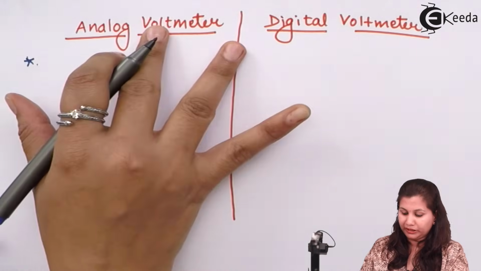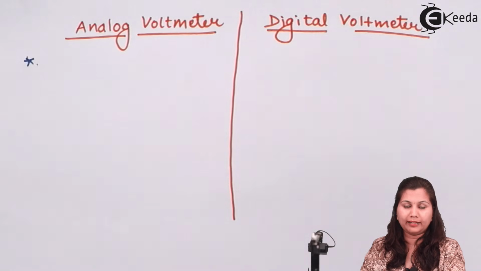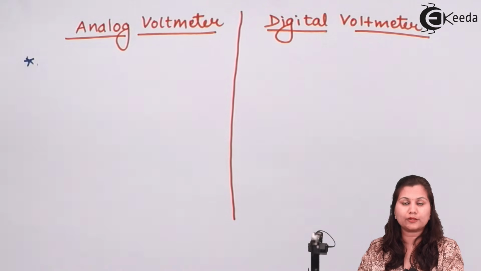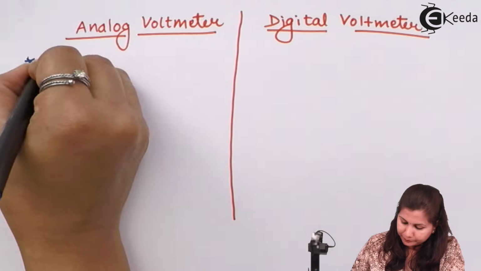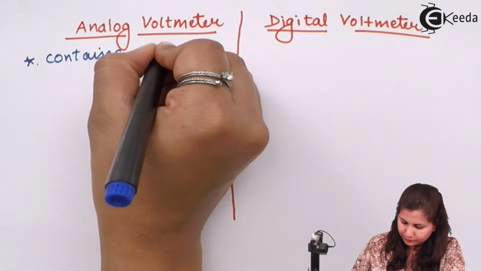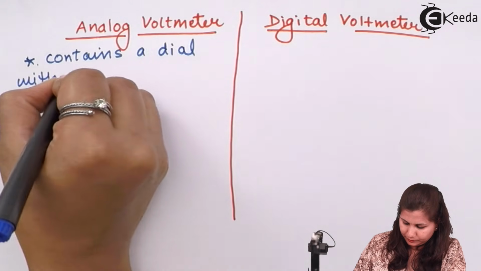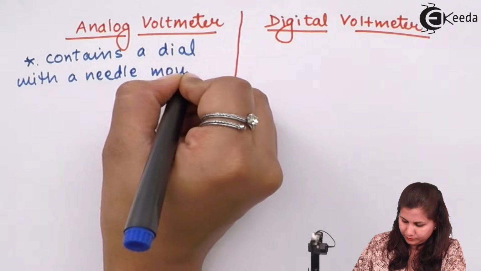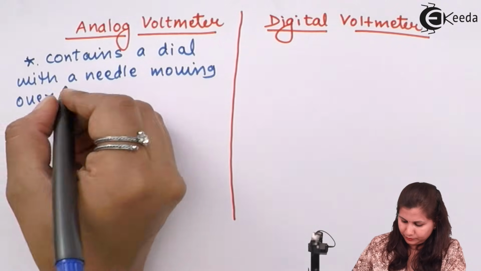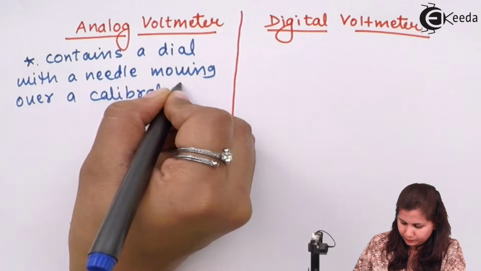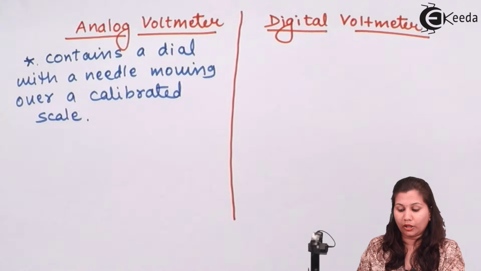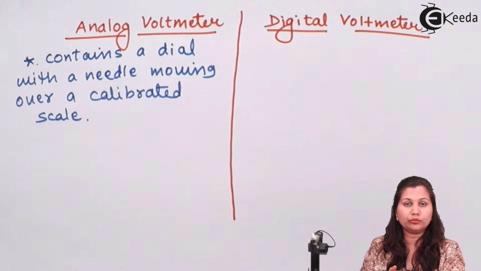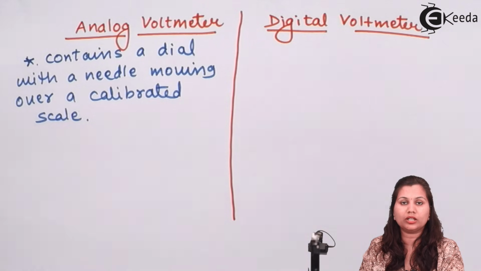So an analog voltmeter contains a dial with a needle, or we can say the pointer, which deflects over a calibrated scale. Now this needle moves over the scale according to the value of the input voltage.